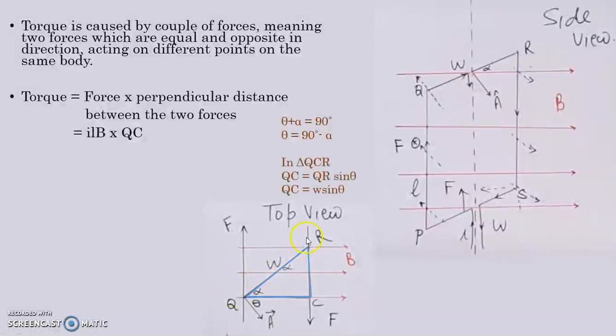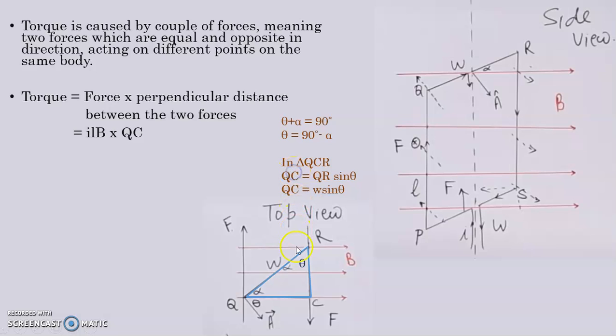Now consider triangle QRC. We know that sum of all the angles of the triangle is equal to 180 degree. Over here angle C is equal to 90 degree. So sum of the remaining angles of the triangle will be equal to 90 degree. This angle is alpha. So this remaining angle of the triangle, that is R, will be equal to 90 minus alpha. But we know that 90 minus alpha is equal to theta.